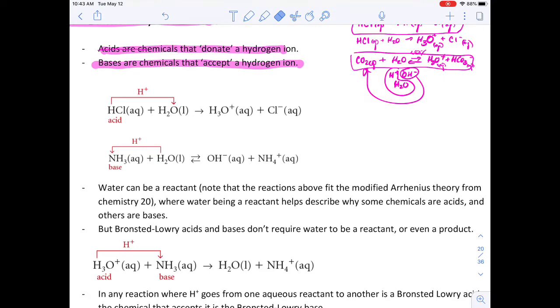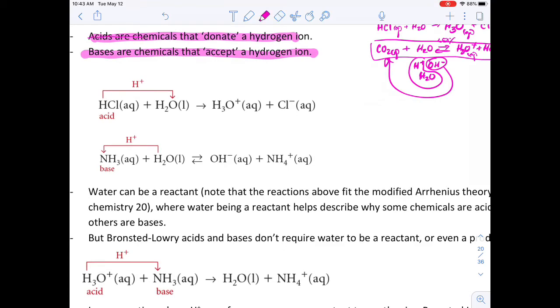And so we're going to start talking about things in the reaction as acids and bases. In this next reaction, water is donating its hydrogen because it produces a hydroxide, and the ammonia gas, when it gains this hydrogen ion, becomes ammonium. So now water is acting as an acid because it's donating a hydrogen, and the ammonia is acting as a base because it's accepting it.